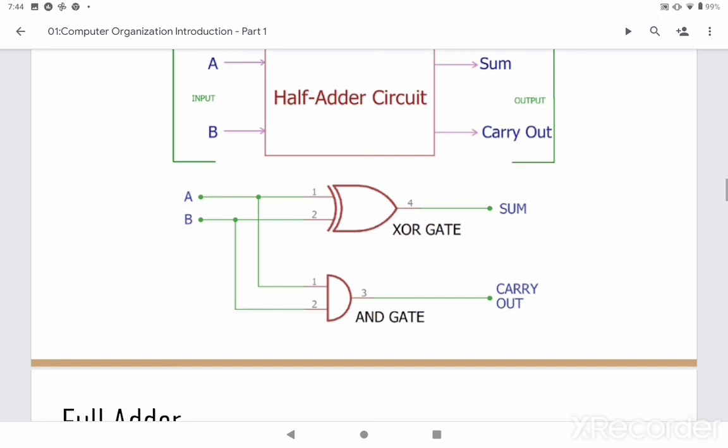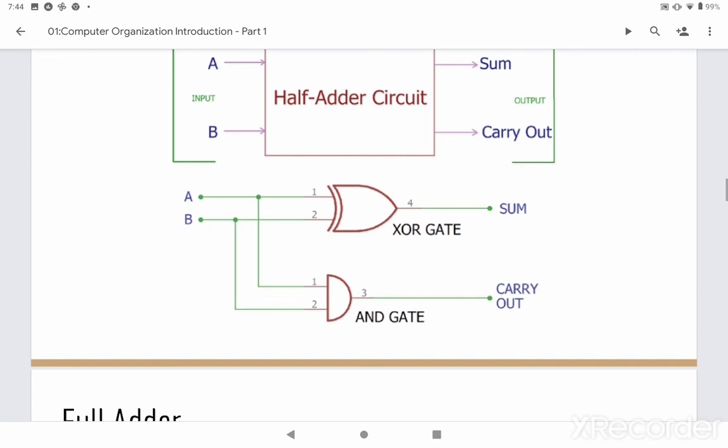If I am giving A equal to 1 and B equal to 0, it is also 0. But if I am giving A equal to 1 and B equal to 1, then my carry will be 1 here, because both states are 1s. So the answer will be 1 in this situation.